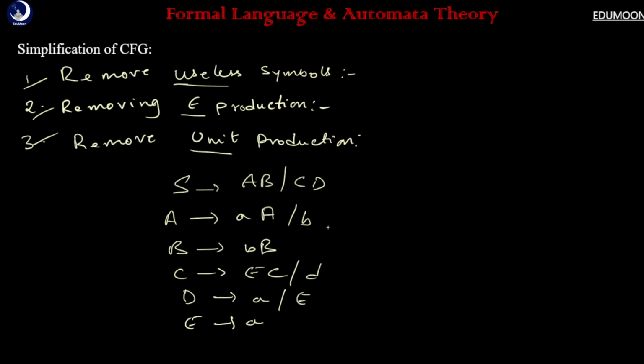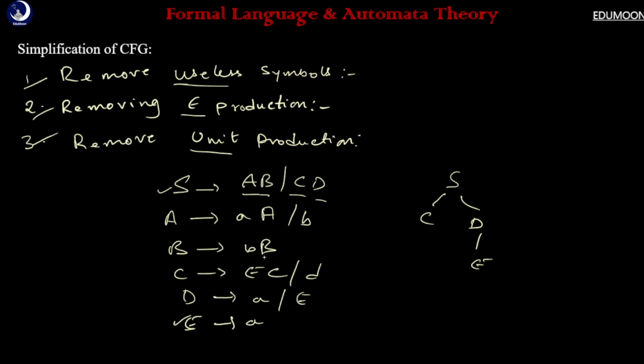You can see what the useless symbols are. First of all, we start from S, the starting symbol, and try to eliminate the useless symbols. S is deriving A and B, so they are reachable from S, and also C and D. And the production E: when you draw the derivation tree, it might generate C and D, and D is deriving E. So we can consider that E is reachable from the starting symbol S.